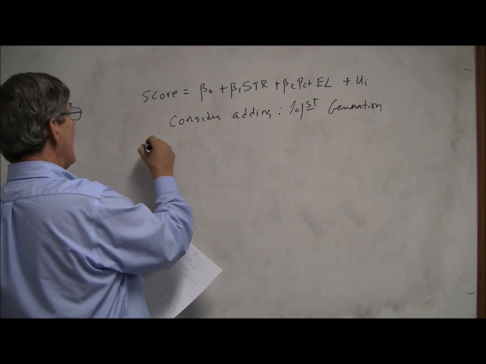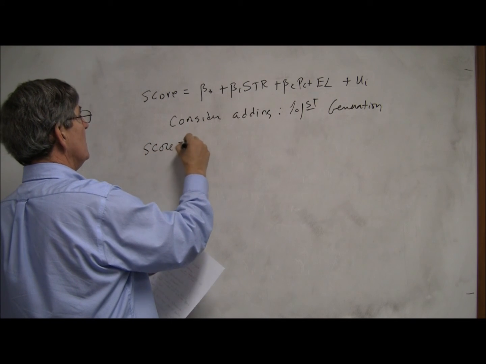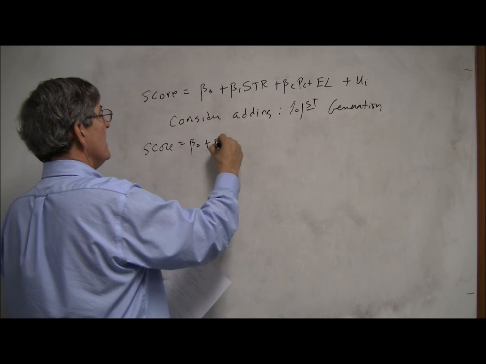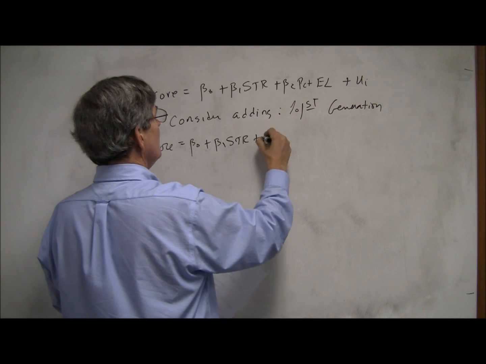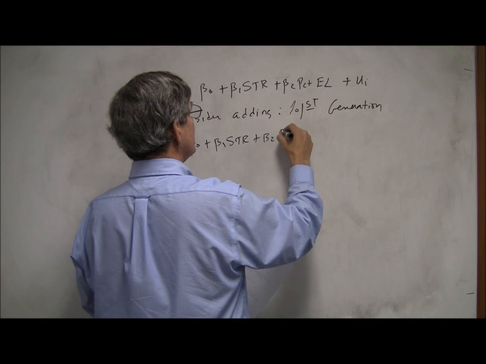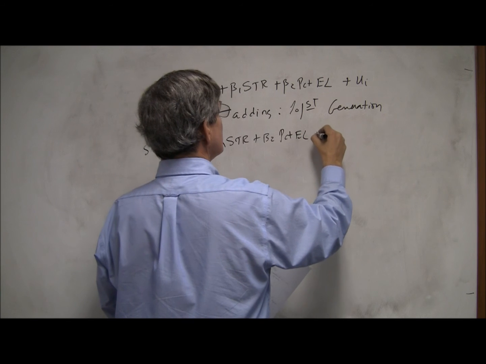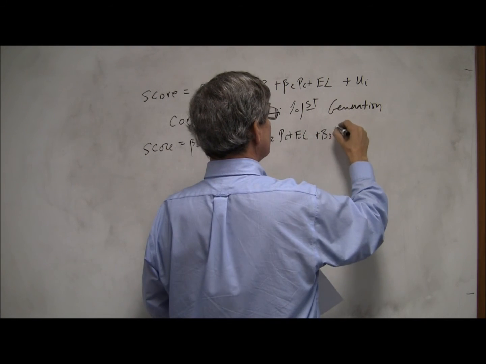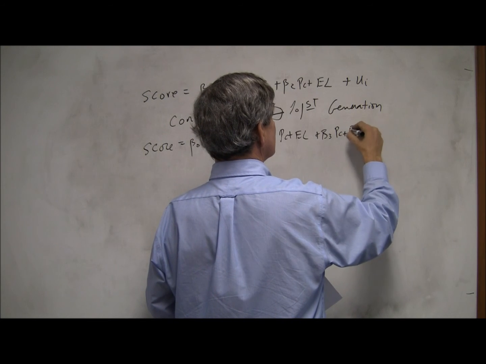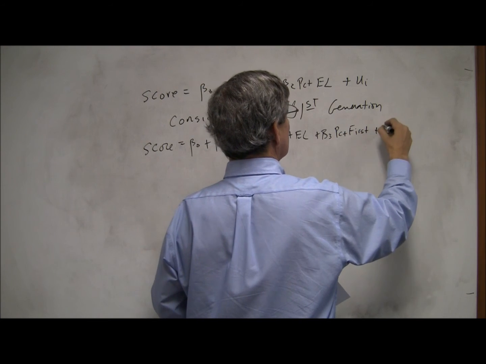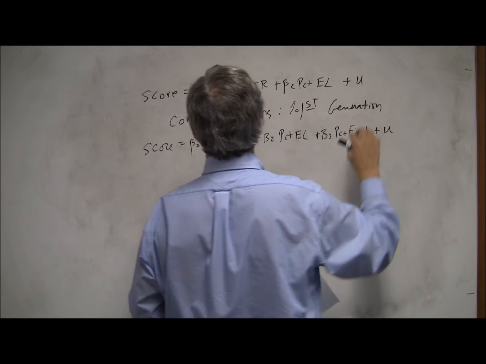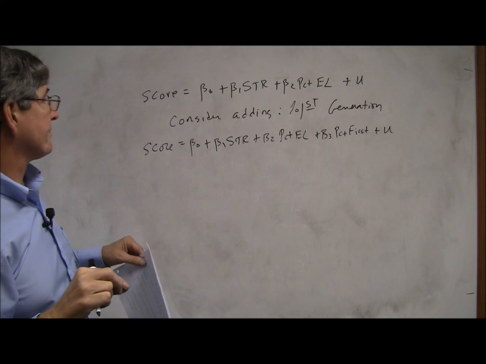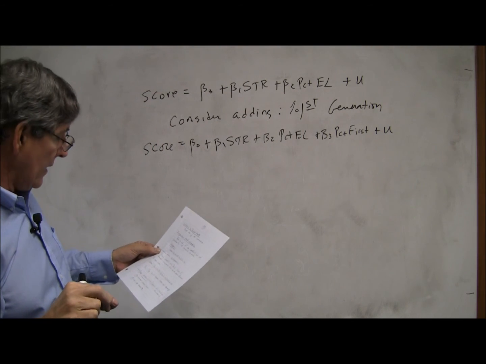So now you would have score equals beta naught plus beta 1 STR plus beta 2 times the percentage of English learners plus beta 3 times, the book says percent first, plus an error. So you want to run that model.